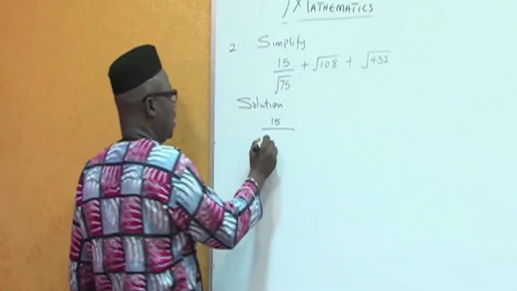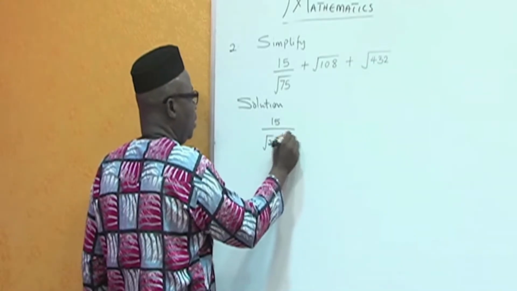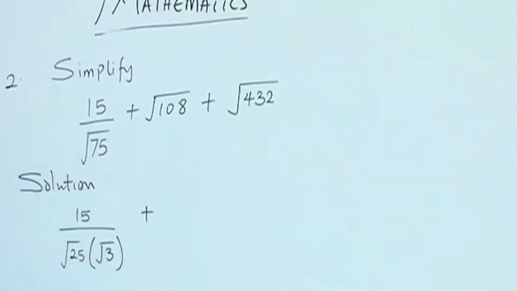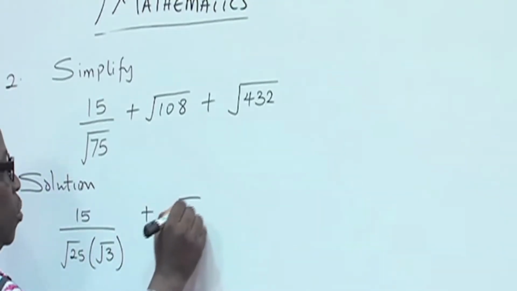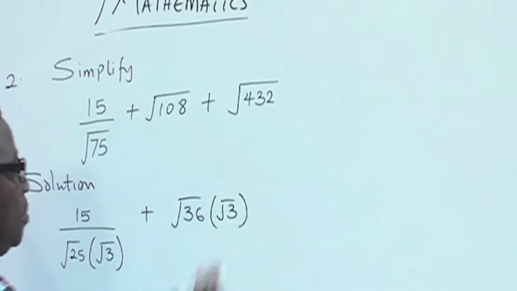So I'm going to write it as root 25 multiplied by root 3. Then plus root 108 can also be broken down using the perfect square. So I'm going to write it as root 36 multiplied by root 3.